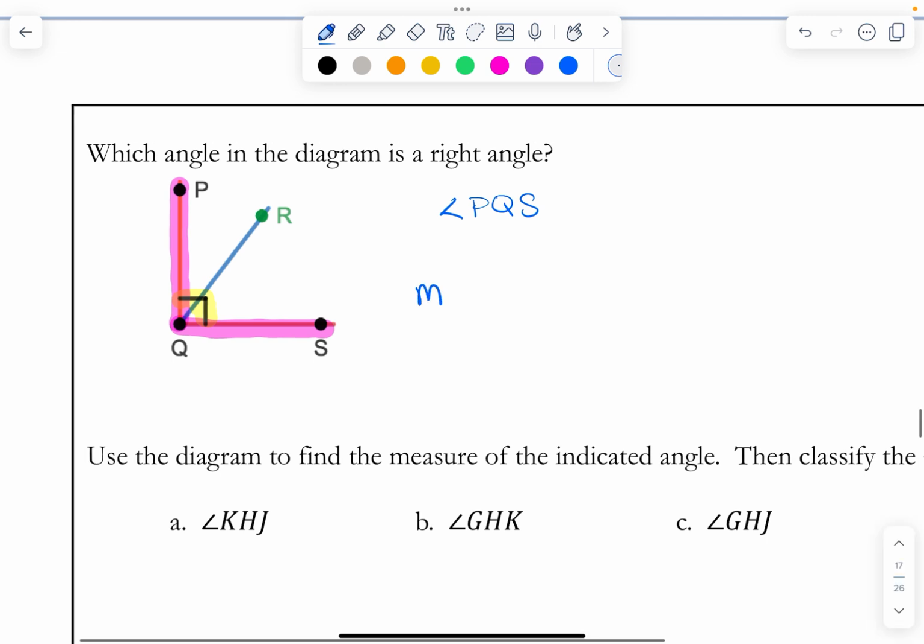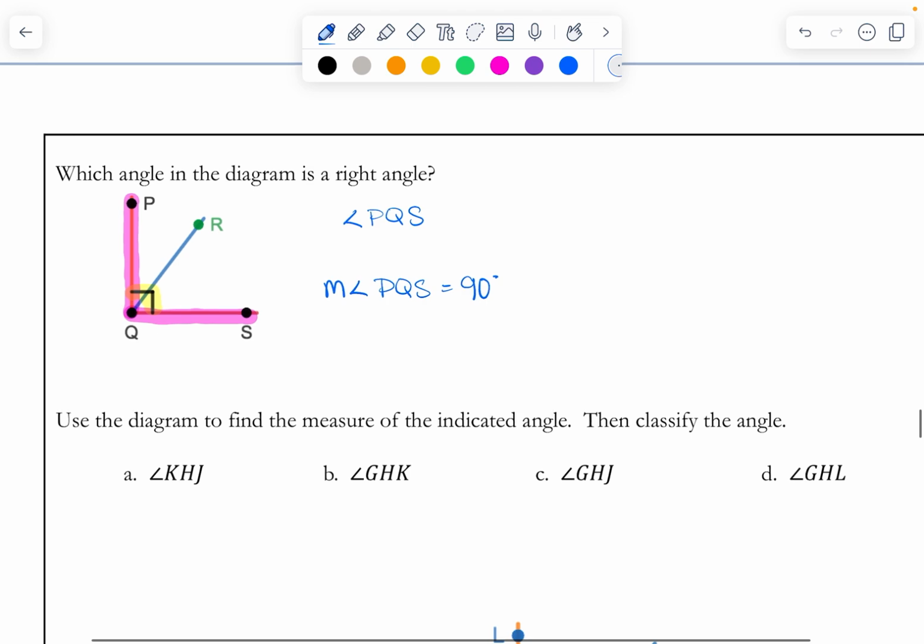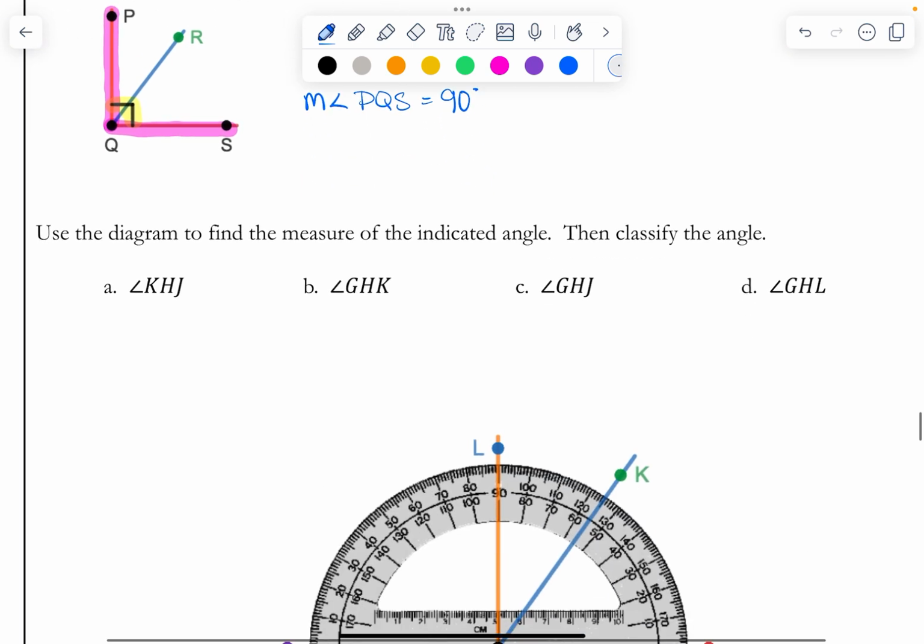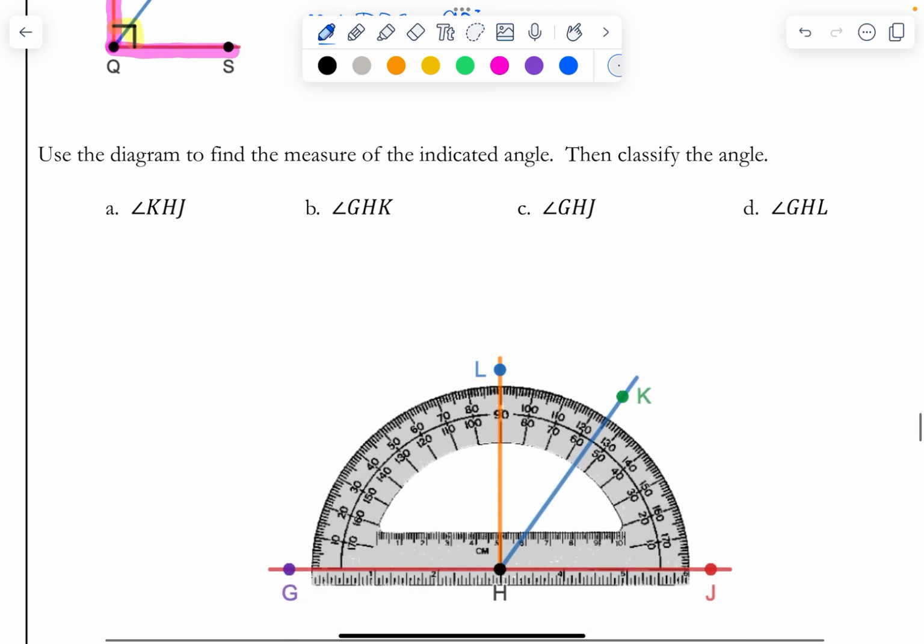So we could even say that the measure of PQS is equal to 90 degrees. Remember that box, you will see that sometimes on Math Excel if they want you to assume that an angle is right.